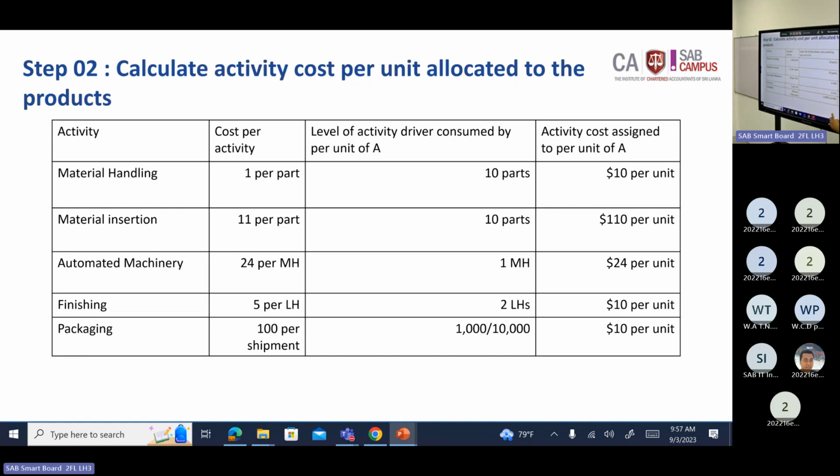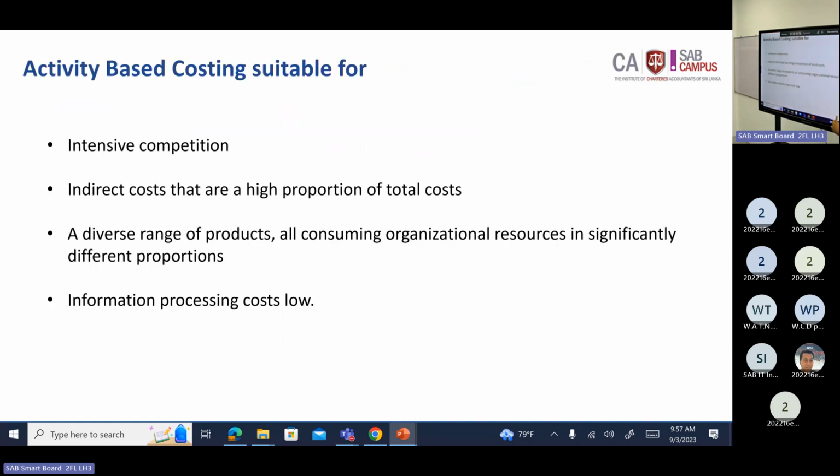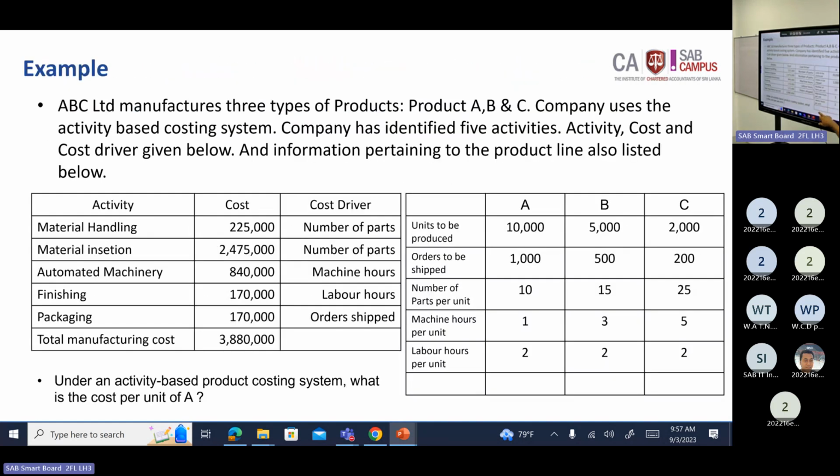Total number of orders calculation. Then orders to be shipped 1,000. Unit to be produced 10,000.